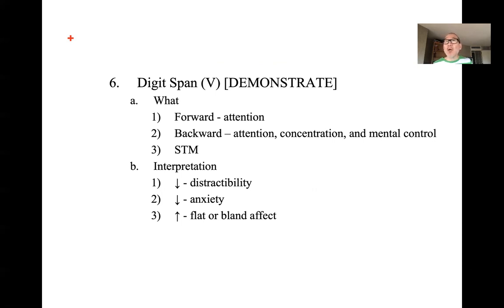But if they do super high compared to their other subtests, it's kind of odd. It could be related to very unusual clinical circumstances, but a bland or flat affect, where they seem to be disconnected from their emotions, because those who are disconnected from their emotions will probably do much better than most people on this task. The whole test, and each subtest, is anxiety provoking in its own way, but this one in particular.